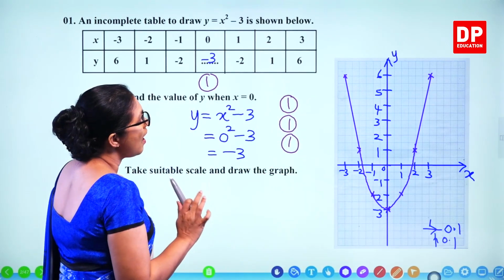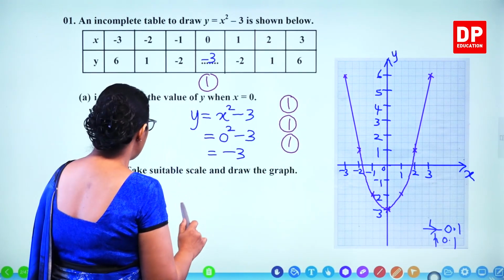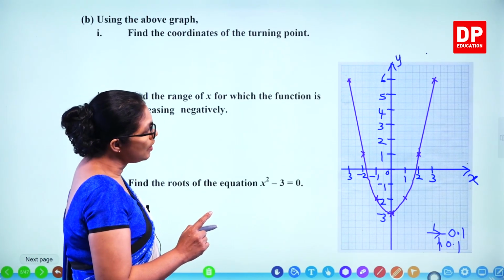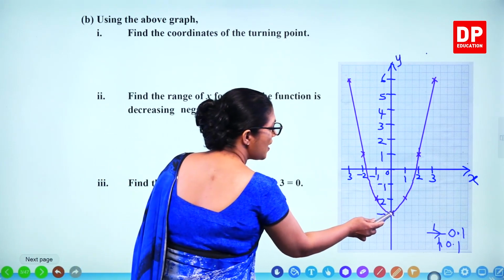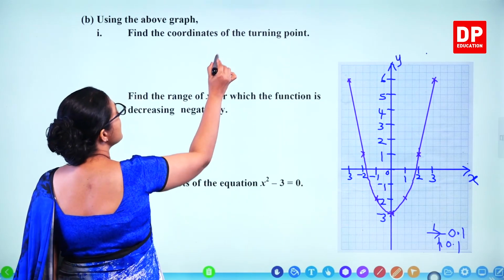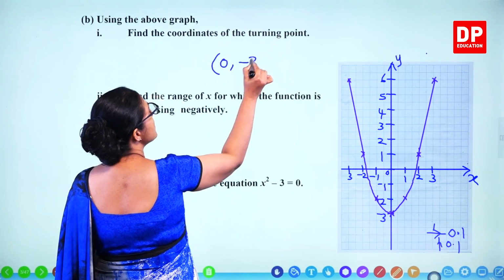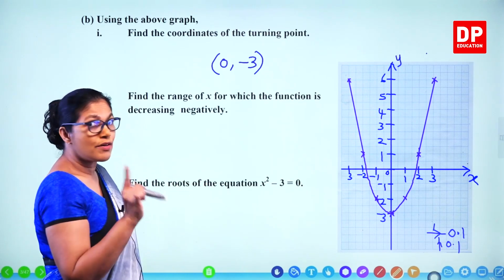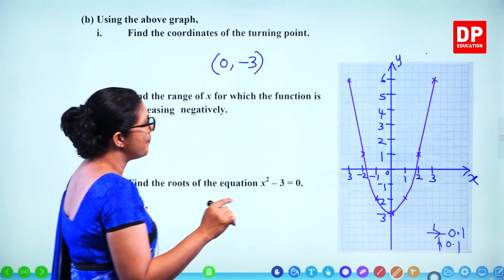Then we'll answer the questions using the graph. Using the above graph, find the coordinates of the turning point. Turning point is here. That's the minimum point, 0, minus 3. Find the range of x for which the function is decreasing negatively.